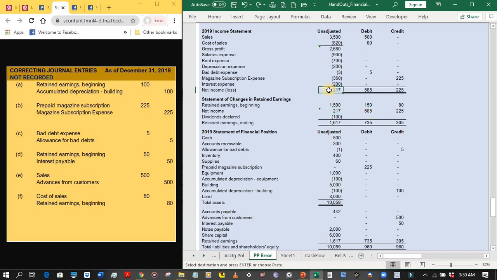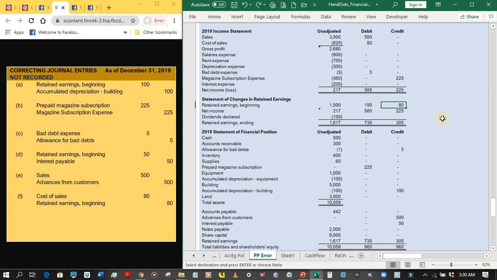Since the 217 is being closed to the statement of changes in retained earnings, the 585 and 225 should also be closed to the debit side and credit side of the statement of changes in retained earnings under the row net income. Then the adjustments in the retained earnings beginning in our correcting journal entries will be posted in the debit and credit side in the statement of changes in retained earnings under retained earnings beginning.